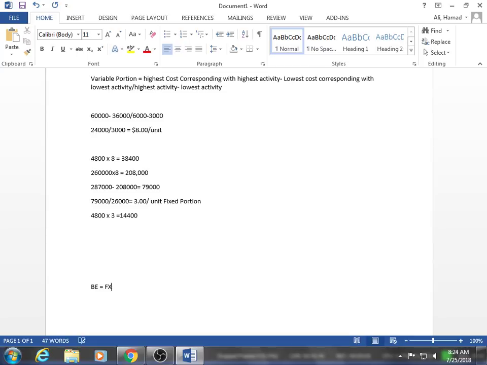You remember that? Let me write it down. Fixed cost divided by contribution margin per unit.